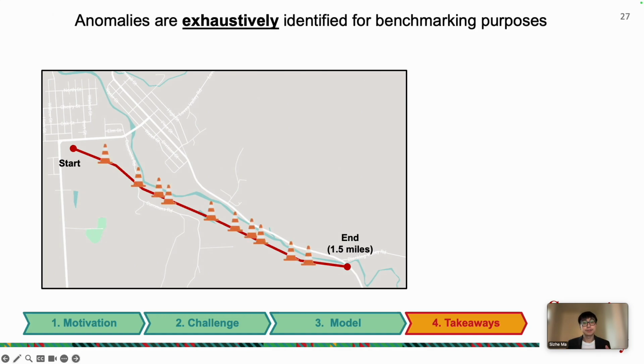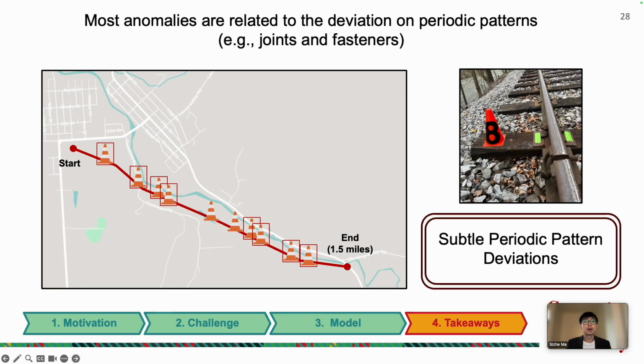We also exhaustively collected all the anomalies along the rail, although we're only using them for benchmarking purposes, meaning that since we're doing reconstruction, we don't input any of the labeled information into the model itself. The labels are merely for benchmarking. Among these anomalies, a significant portion is related to deviations in periodic patterns, such as rail joints or rail fasteners.